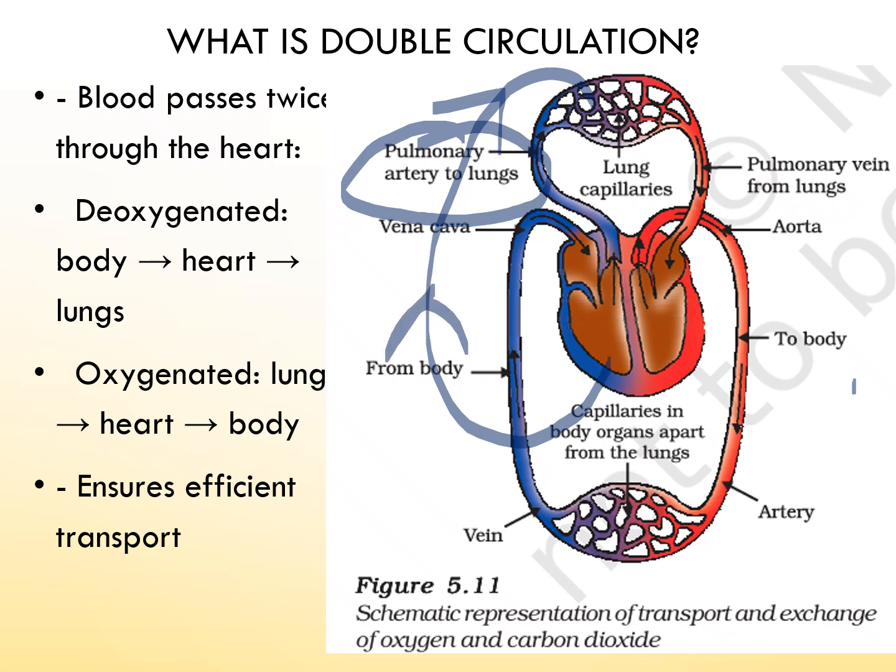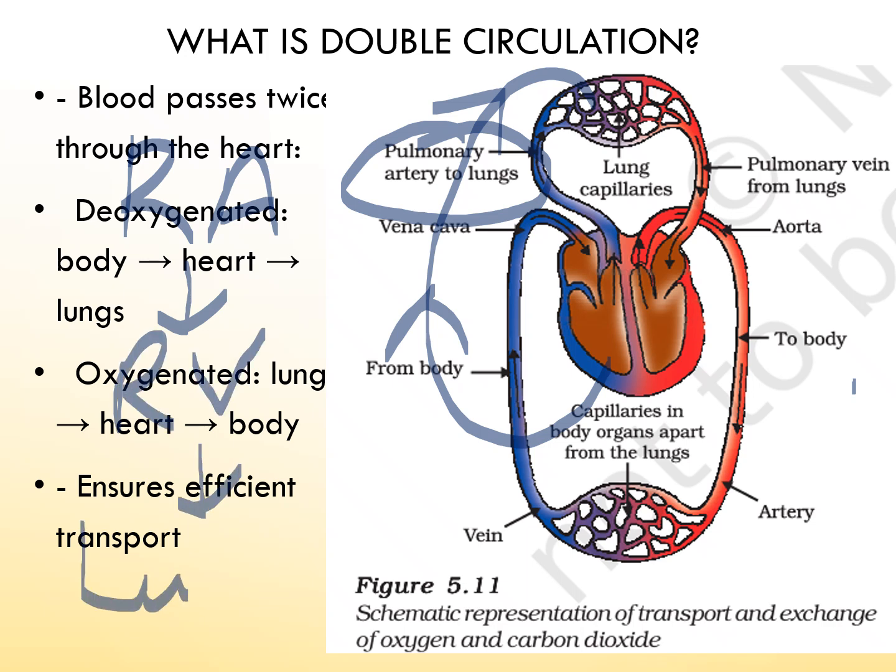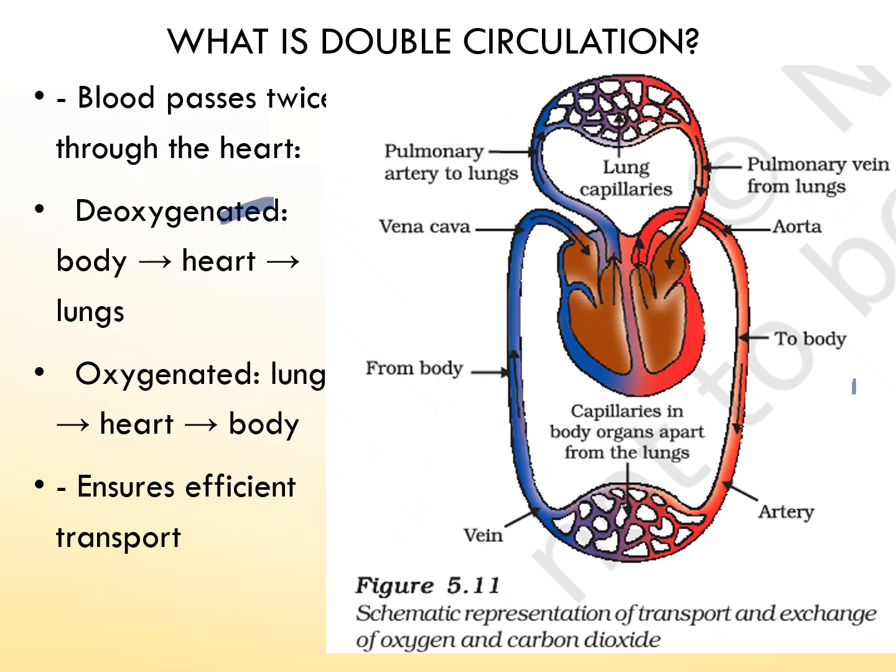Okay, so let me repeat this once again. The blood will move from right atrium to right ventricle. From right ventricle, it will go to lungs with the help of pulmonary artery. Correct? Now the deoxygenated blood has reached the lungs.